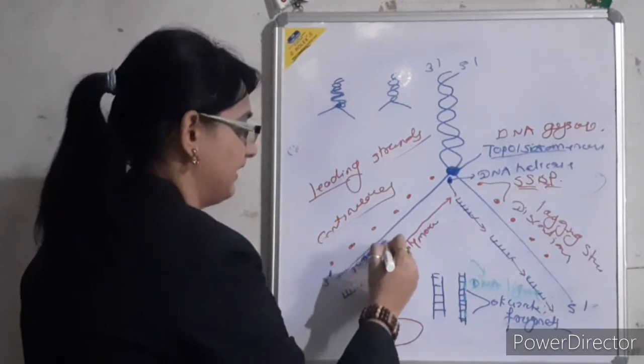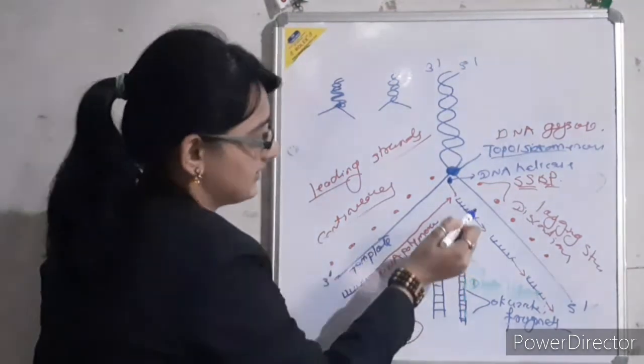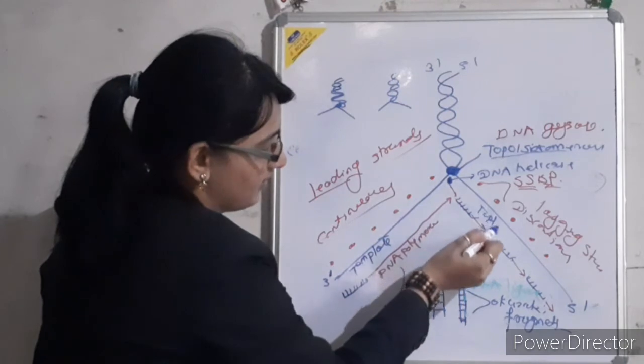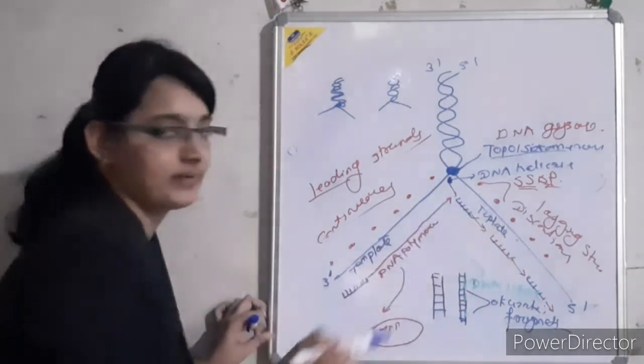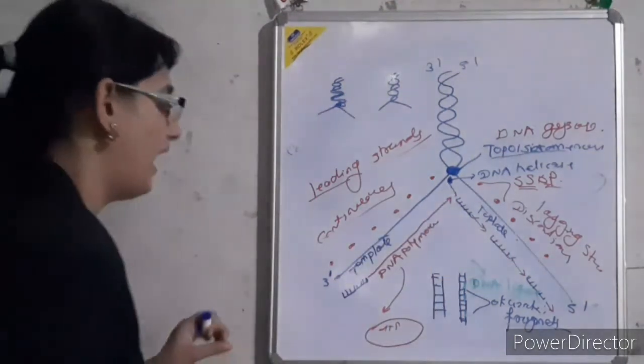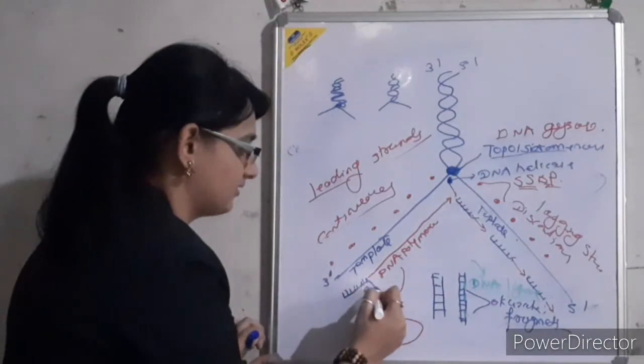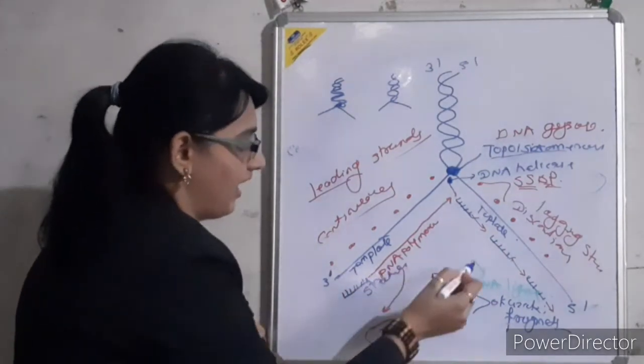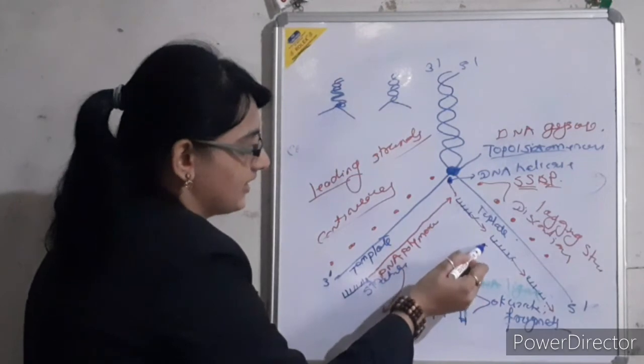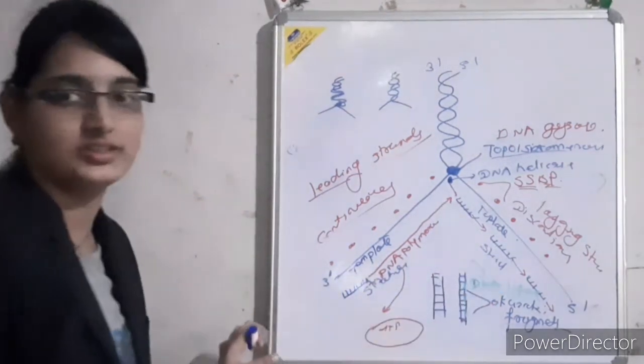So this is the leading template, and this is the lagging template. These are the old strands. Template means old strands, and the leading strand and lagging strand are called the new strands.